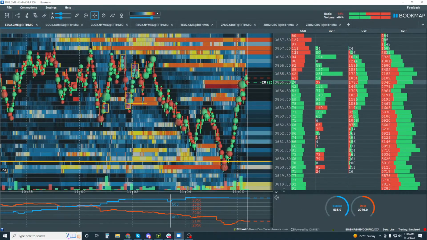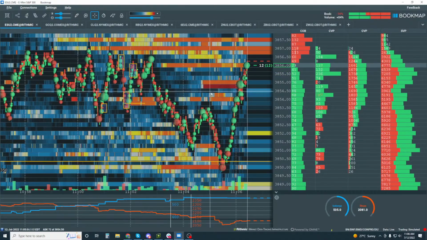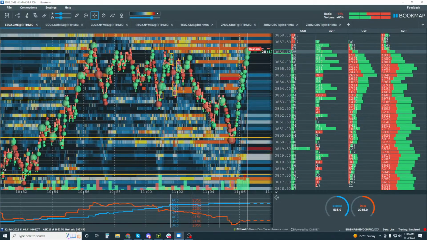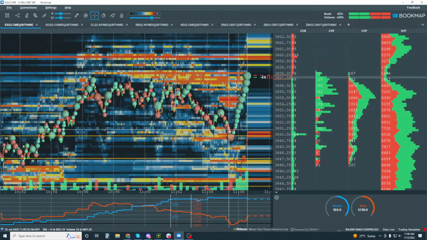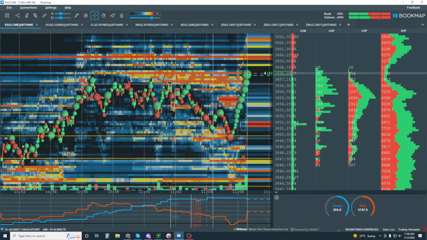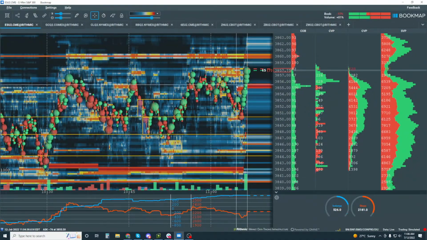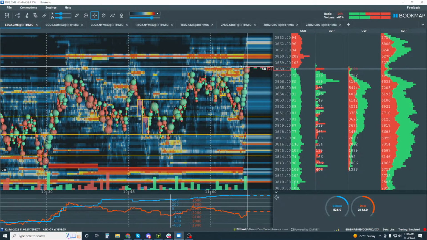Stop execution and icebergs: we're looking at stops and icebergs here in the subchart. God, this is so choppy. No one wants to take a direction here. Just hit the other side, pull back, hit the other side.